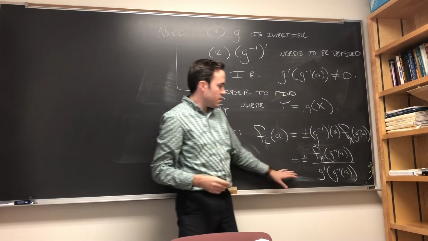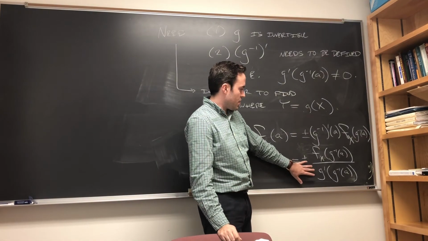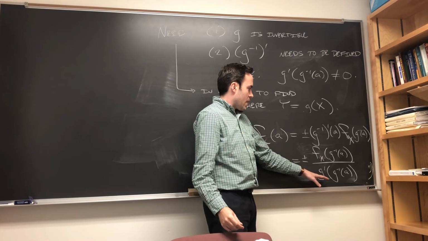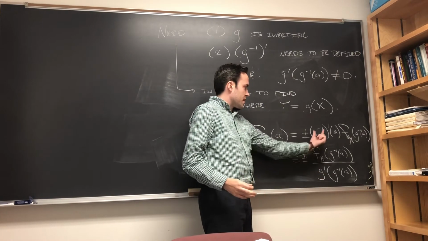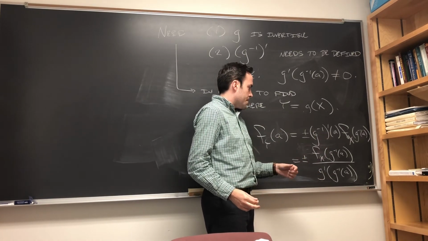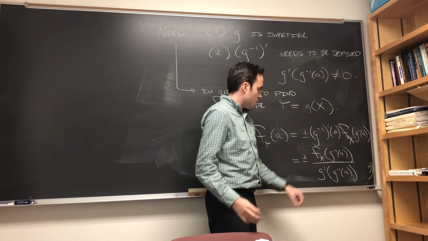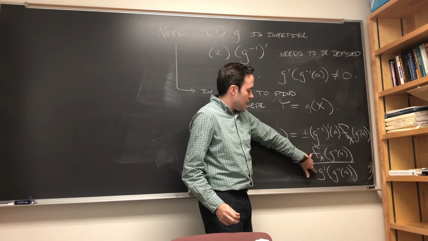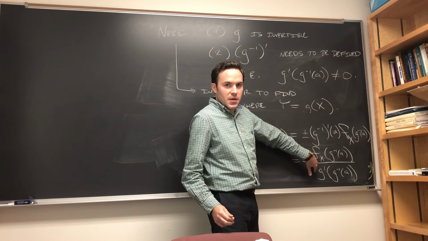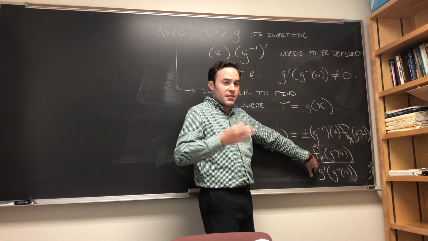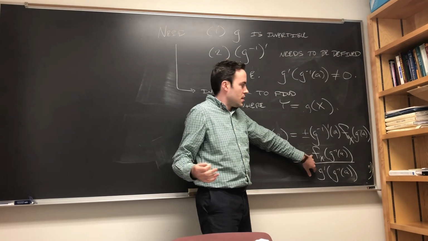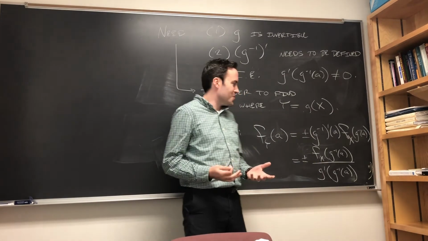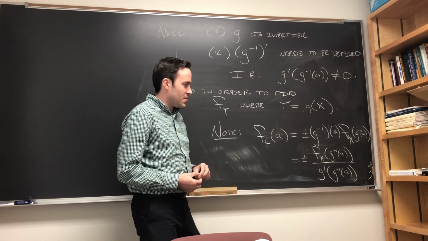All right, and so what we're doing here is effectively just rewriting the right-hand side, rather than all being in terms of G inverse, like G inverse prime here, and G inverse on the insides. What we've done here is just rewrite it in terms of the original derivative. And this is going to be much easier to generalize to the multivariable case for some reason, right? So we'll see why that happens in the next video.